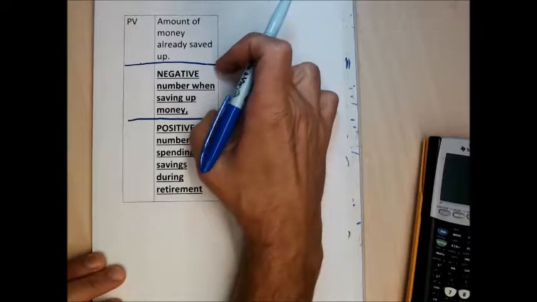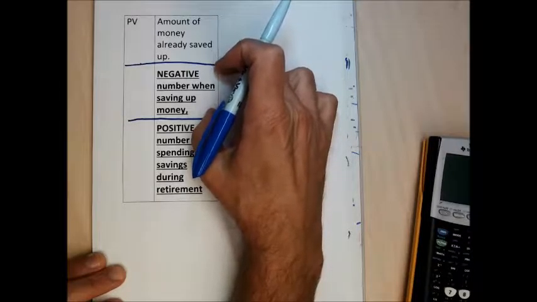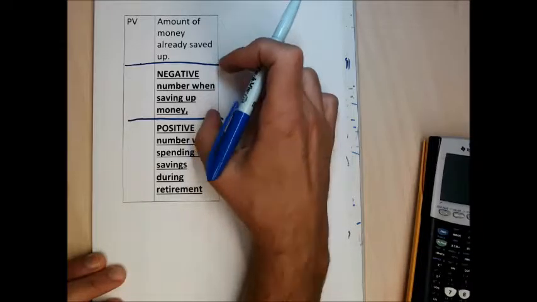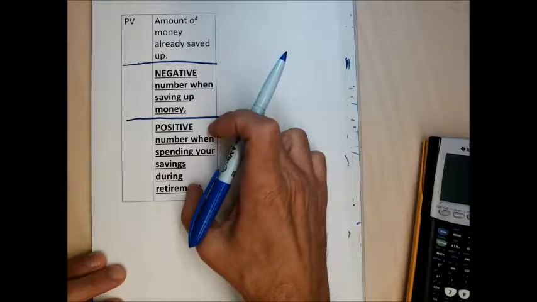When you're young and saving up for retirement, the PV goes in as a negative amount. And when you're done, like my parents, and not that they ever saved any money, they never had money to save, but nevertheless, when you're spending out of your retirement funds, the PV turns positive.